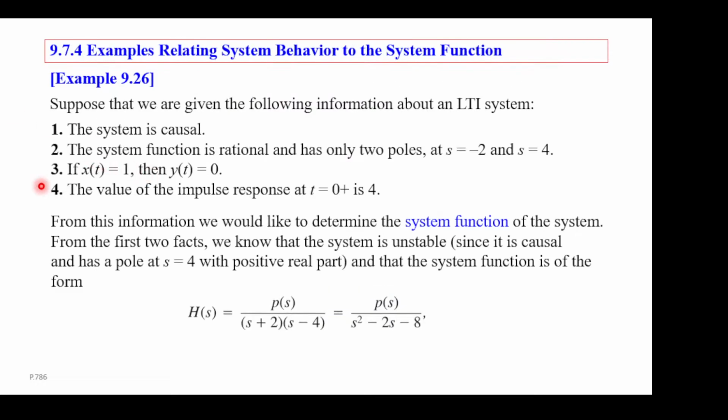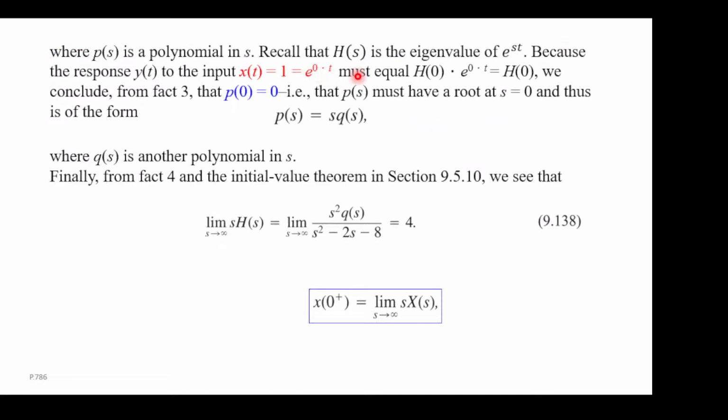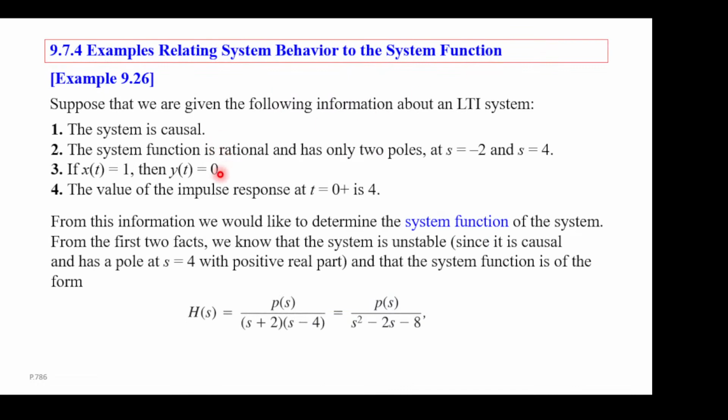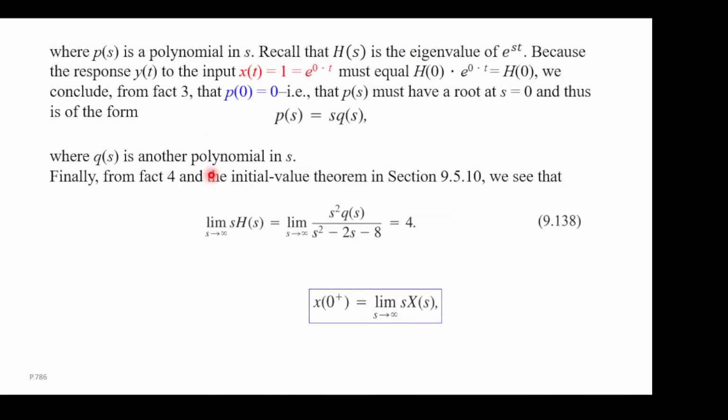So if you put 1 into your LTI system, you should get some number times 1. And the number should be H of s with s equal to 0, so that's just H of 0. So we see that H of 0 times your 1 should equal H of 0, and you see that H of 0 is 0 here.